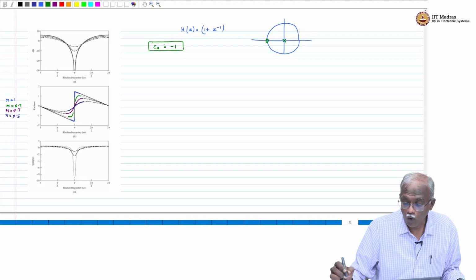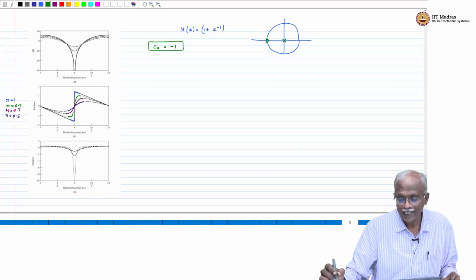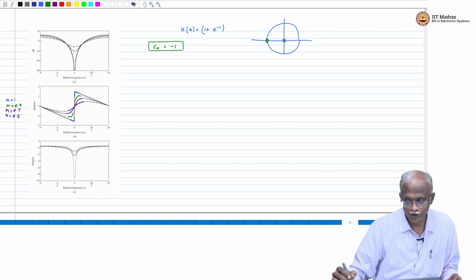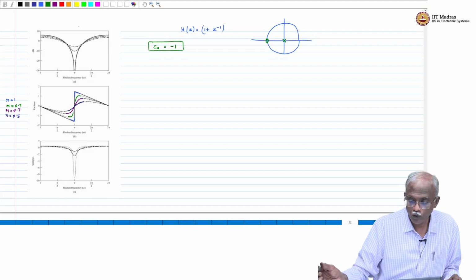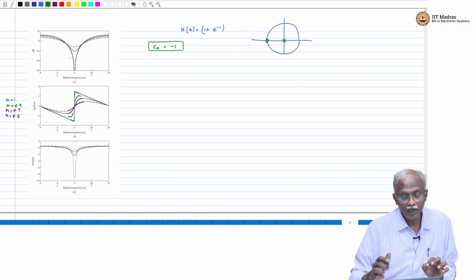Now, what would you expect when you look at this particular magnitude response? The magnitude response starts out at a maximum value because omega equal to 0 is the maximum distance away from the 0. Then as you come closer and closer to the unit circle, it becomes smaller and smaller, and eventually it becomes 0.